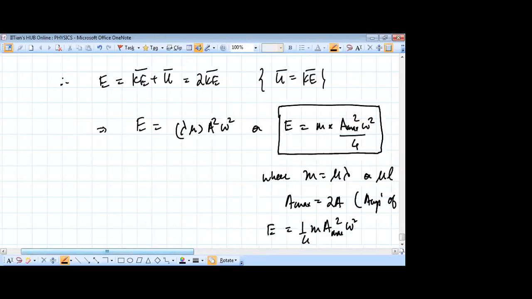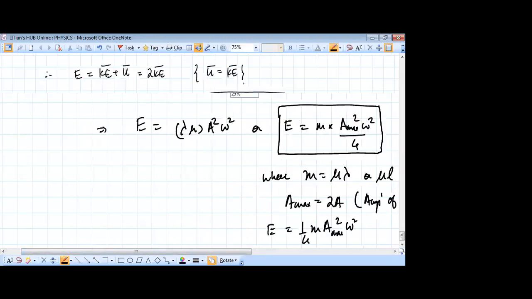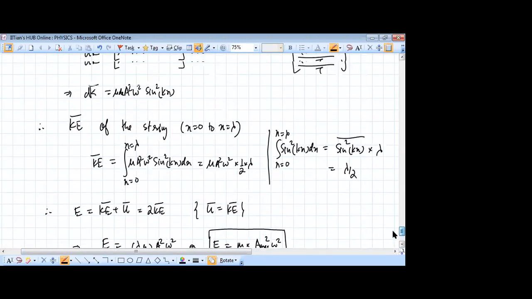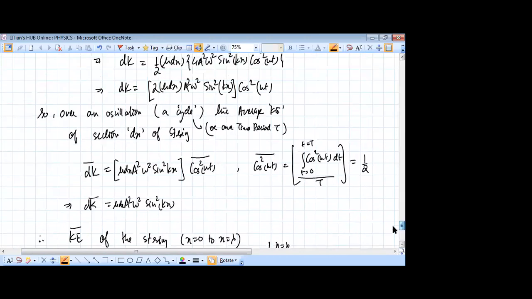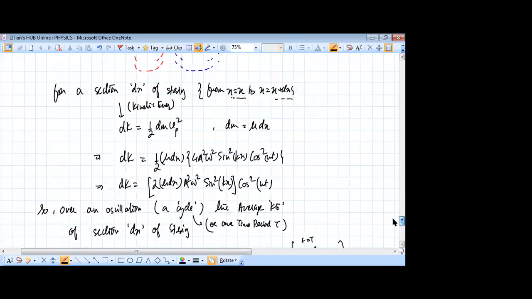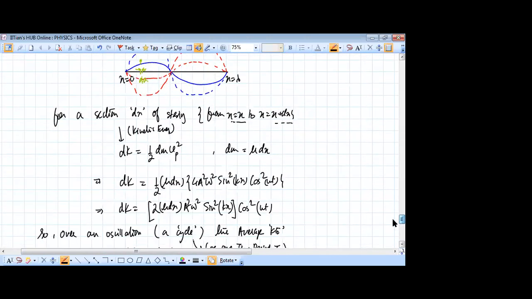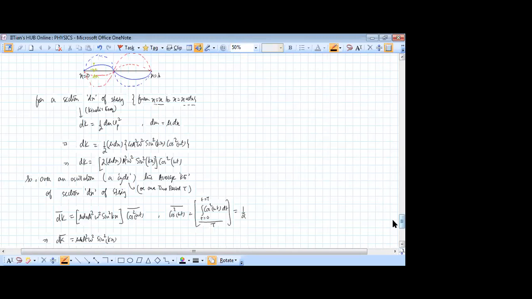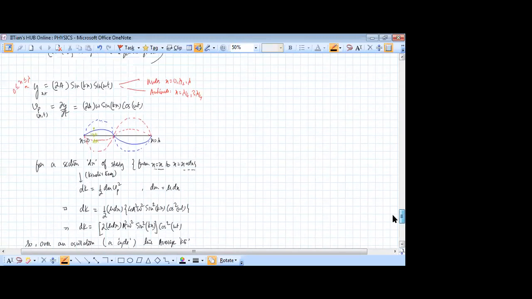So you don't need to memorize this formula here. In fact, this formula will become more important in the context of resonant modes of a vibrating string, which we will discuss next. But this process I want you to once again understand: how we calculate the average kinetic energy of that particle, time averaged, of section dx.